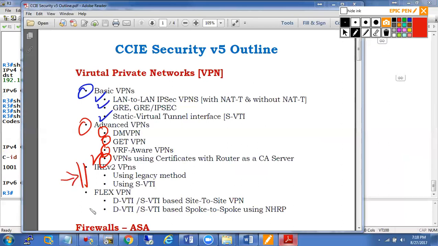But before that, break time. It's roughly 20 right now. Let's take it till 7:35, 15 minutes based on this particular clock. All right, when we come back, IKEv2. We'll use both the legacy mechanism as well as the SVTI mechanism. But before that, we'll understand what IKEv2 brings to the table.